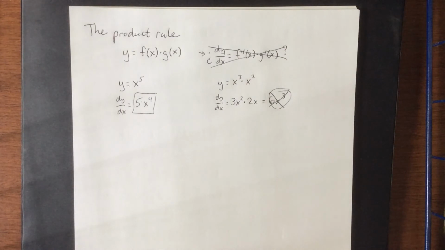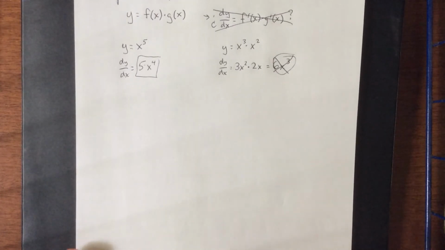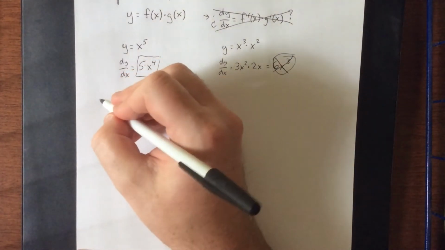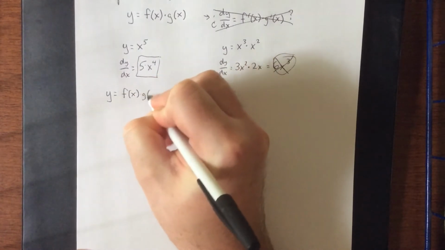Now, the derivation of where the product rule comes from is not nearly as important as the result, but because I'm a mathematician, I gotta do it. So suppose that we have y is equal to f of x times g of x.